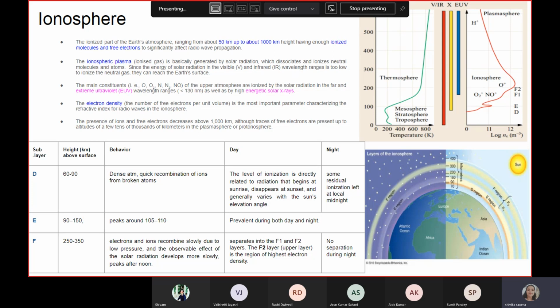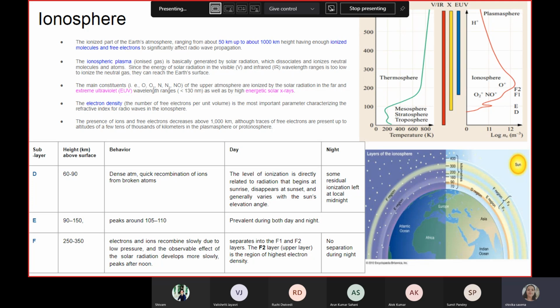What do I mean by disappearing ionization? That means the atoms which have been broken into ions and electrons do not very quickly recombine during the night. They are still remaining separated. So this is known as ionization during the night.